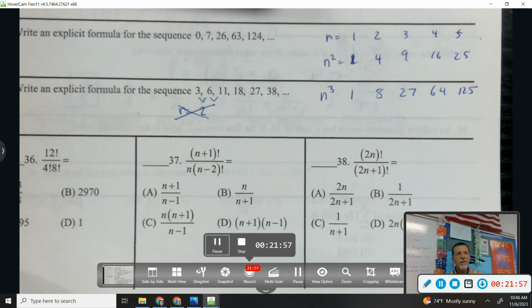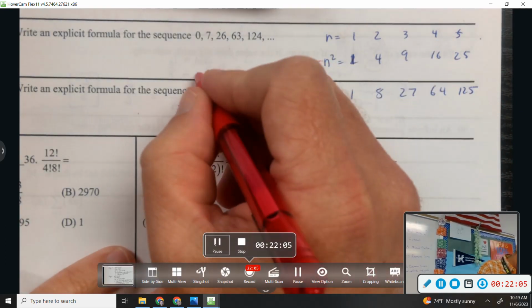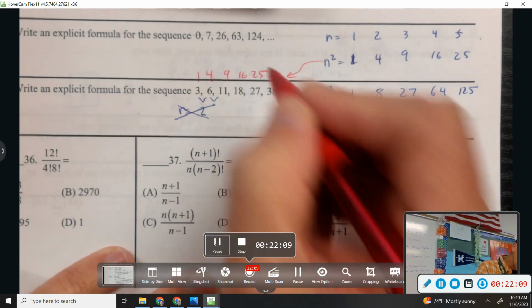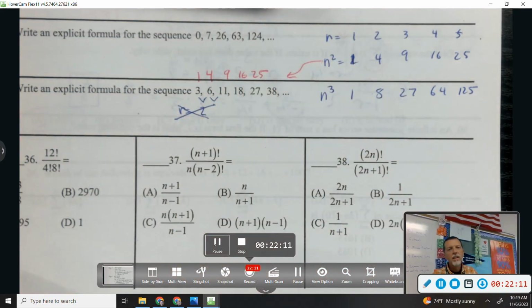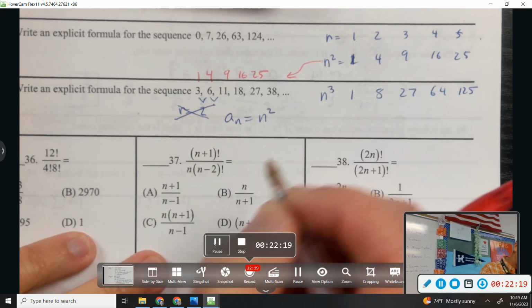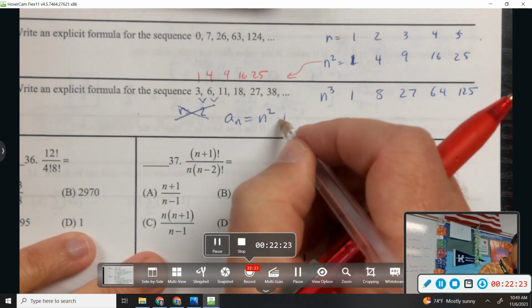I mean, it doesn't match exactly, but... I think I found it. Something close to it. Right? N squared gets me close. N squared would land me at 1, 4, 9, 16, 25. Plus 2 would get me there.